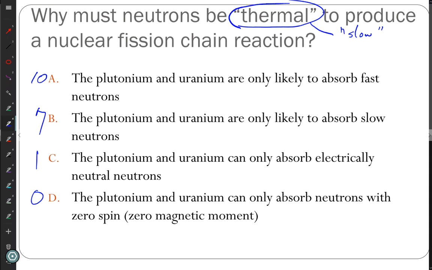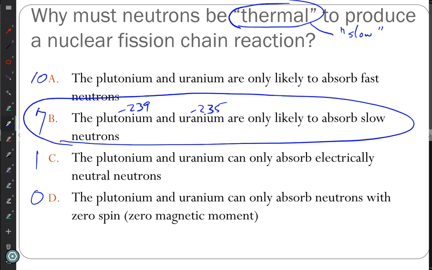I don't have the graph here that we had the last 2 class periods that showed the absorption of neutrons by uranium-238, uranium-235, and plutonium-239. But plutonium-239 and uranium-235 can only absorb slow neutrons with any reasonable efficiency. Uranium-238 doesn't absorb neutrons with any efficiency, really.